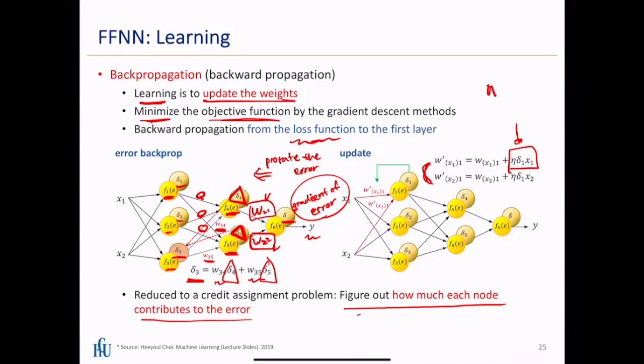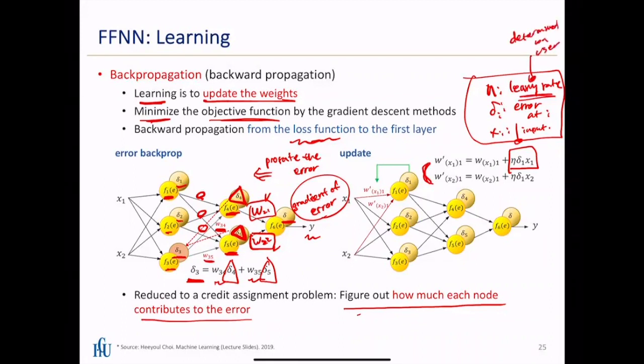Here, eta is the learning rate, and delta is the error that it is responsible for. And you are also considering the input data. So based on the error that it is responsible for, and considering the data and aggregating them with the learning rate, that will decide how to update your current W. By the way, the learning rate is determined by the user. So this is the basic idea.